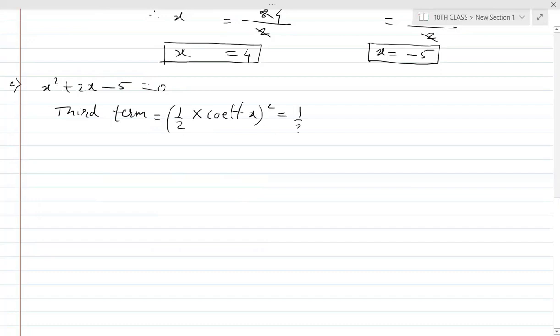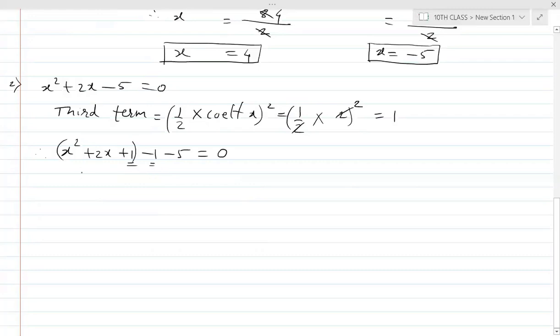It becomes half of coefficient of x, that is 2, whole square. 2 cancel, 1 is left, 1 square is 1. So therefore the equation becomes x square plus 2x plus 1 minus 1, minus 5 as it is. So I am going to add and subtract.